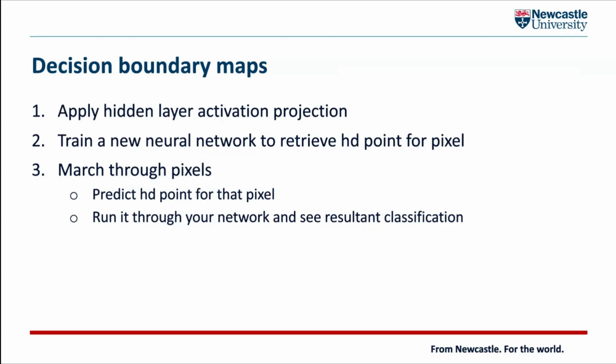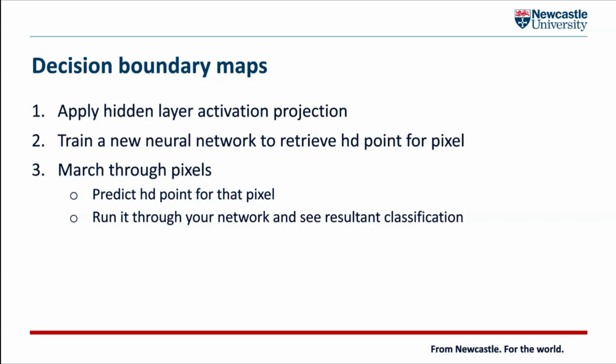And as you march through the pixels, you can predict where it is in the high dimensional space. And then you take that point in the high dimensional space, you run it through your neural network, and you get an answer for classification. So in this second network, you take the pixel as the input, the output would be the input for the neural network, and you run it through the network.